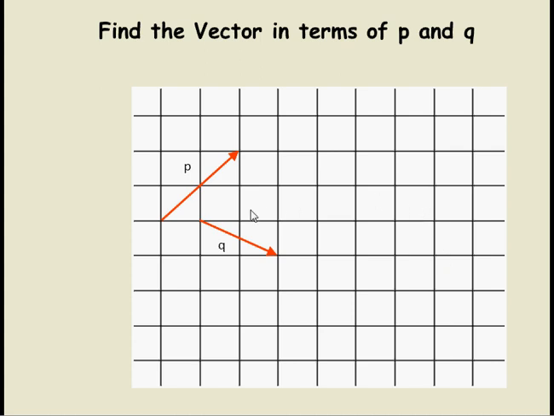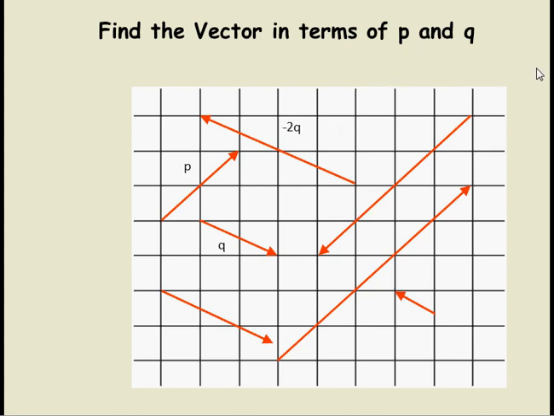Here's a little example. Here's vector P, same as before, and vector Q. If we take another vector, here's 5 other vectors, we can designate them in terms of P and Q. For example, this one is the exact opposite direction of Q, and it's twice as long. So it's negative 2Q.